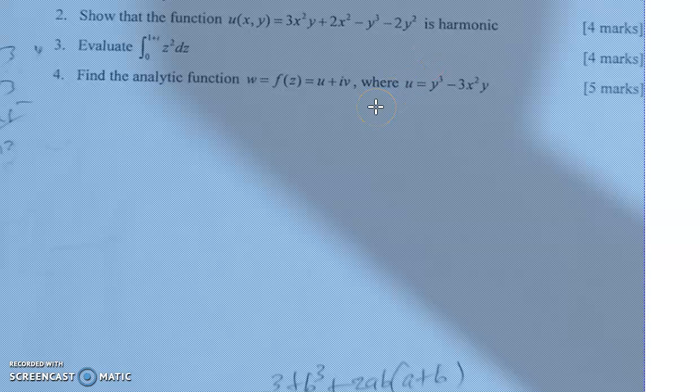For a function to be harmonic, it has to satisfy the Laplace equation. In the previous video, we talked about analytic functions, and for a function to be analytic, it must satisfy the Cauchy-Riemann equations. But for a function to be harmonic, it must satisfy the Laplace equation. So let's see whether this function is harmonic or not.